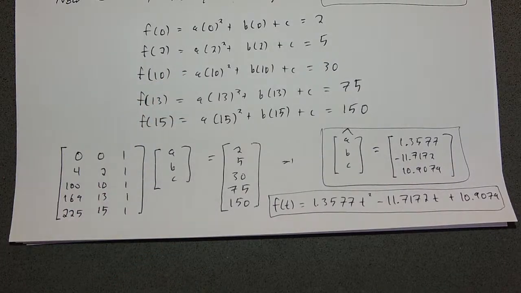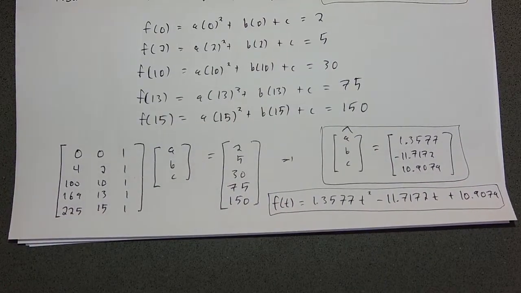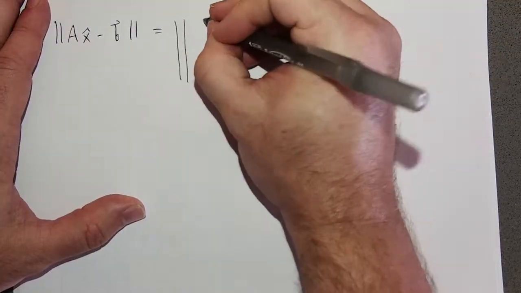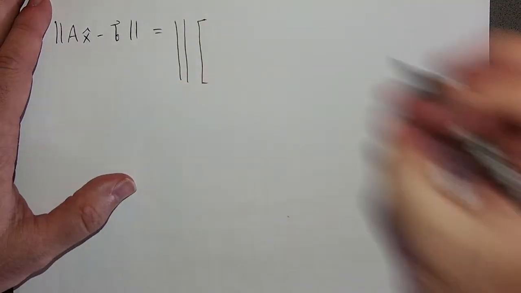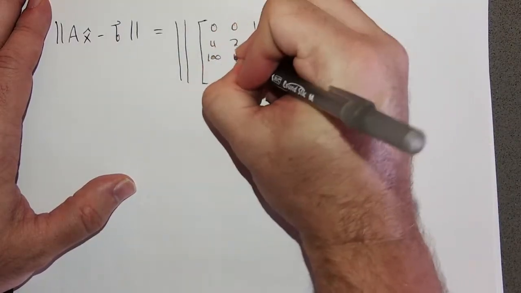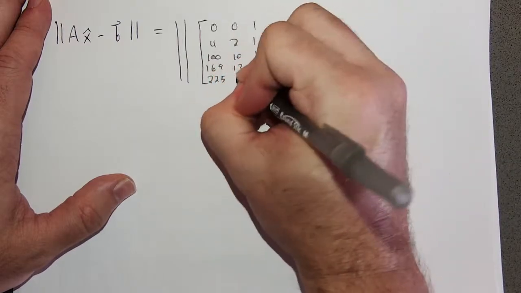Now again, in order to compute how good of a fit this is, or how good of a model this is, I want to compute its least squares error. Right? So, least squares error is A x hat minus b, or the length of that vector, which is the length of the following. So rewriting this matrix: 0, 0, 1, 4, 2, 1, 100, 10, 1, 169, 13, 1, 225, 15, 1.